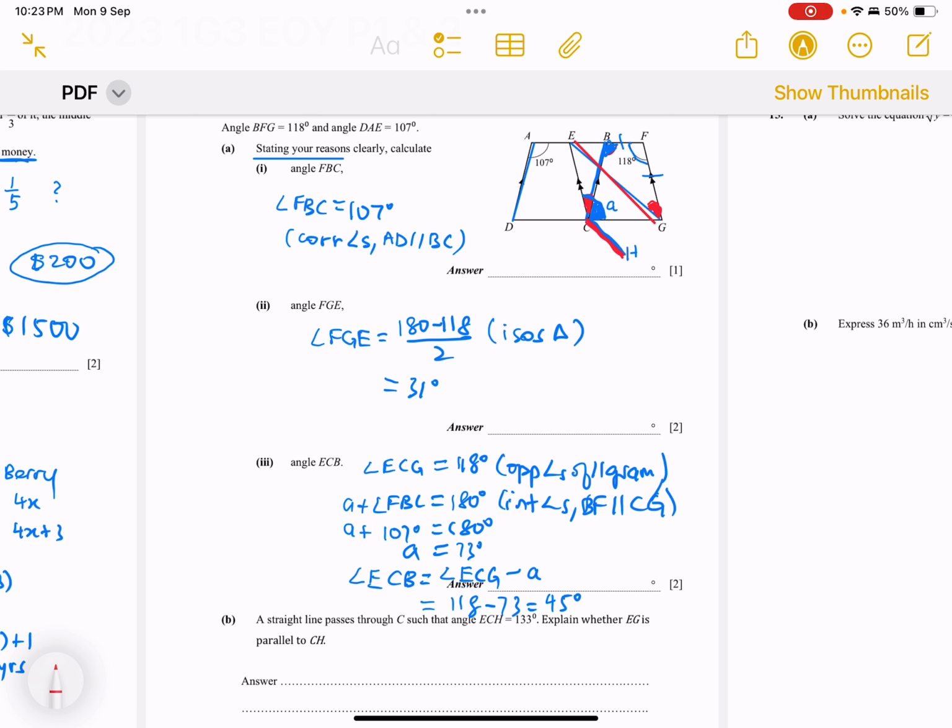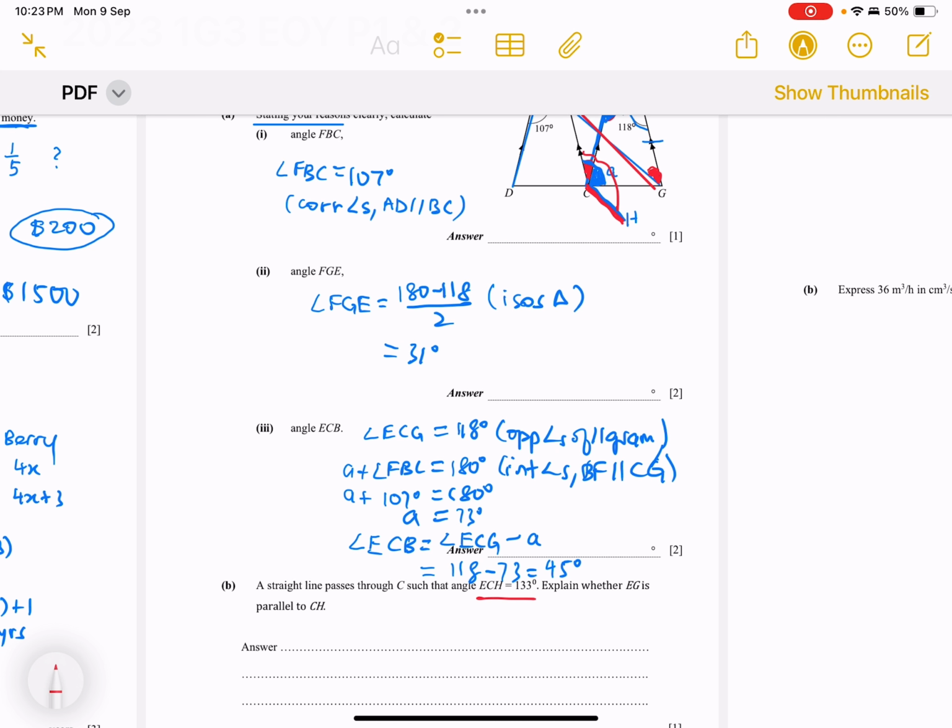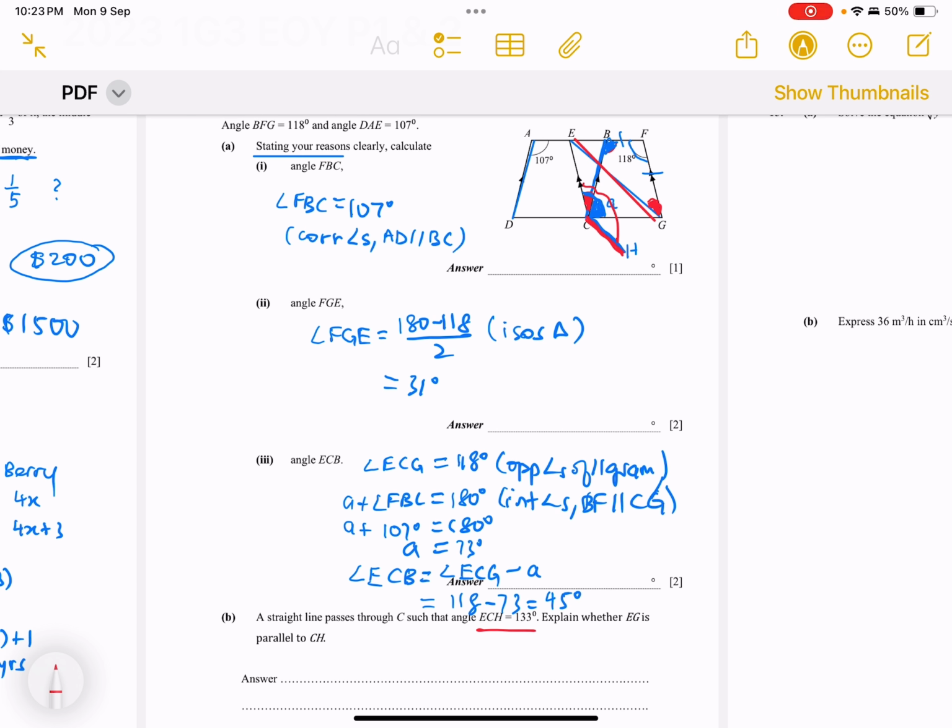That is what they want us to find out. If they are parallel, then their interior angles will be equal. That is one way of finding out. You are given this whole angle here, which is 133. So we need to find this angle, and if these two angles add up to 180, then they are parallel.